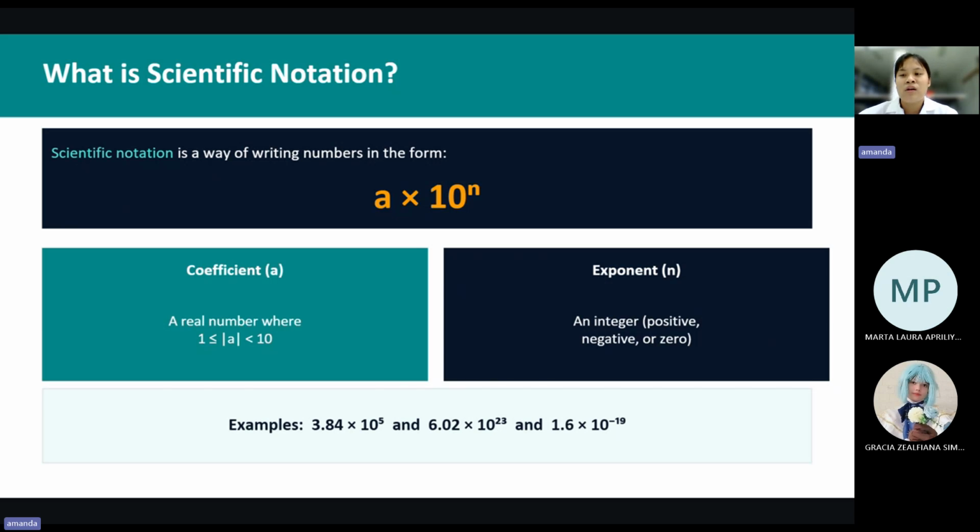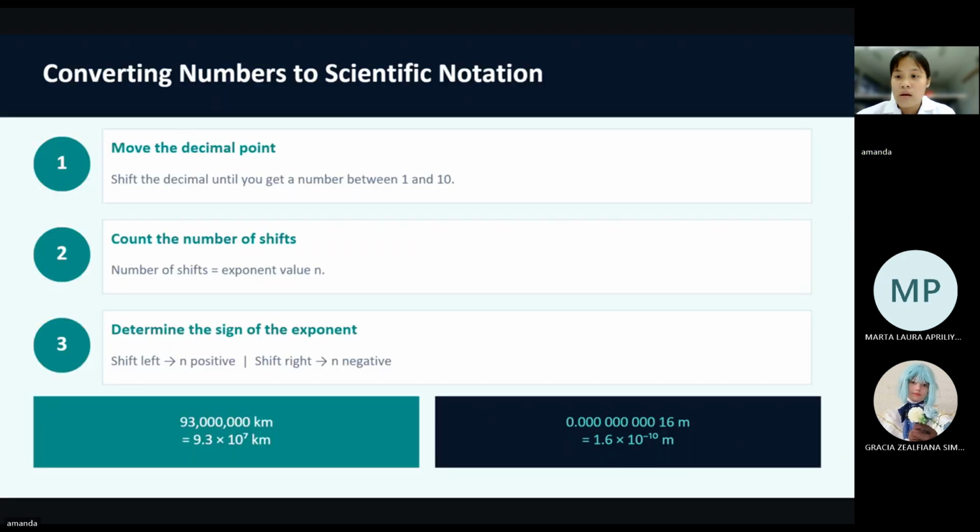Let me give you some examples. Example 1: 3.84 times 10 to the power of 5. Example 2: 6.02 times 10 to the power of 23. Example 3: 1.6 times 10 to the power of negative 19.